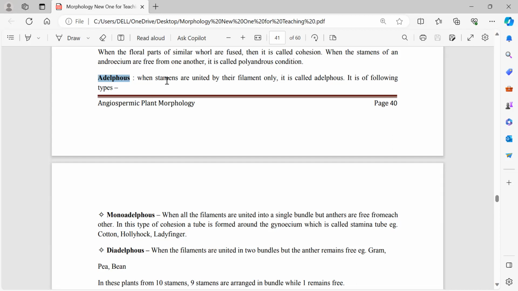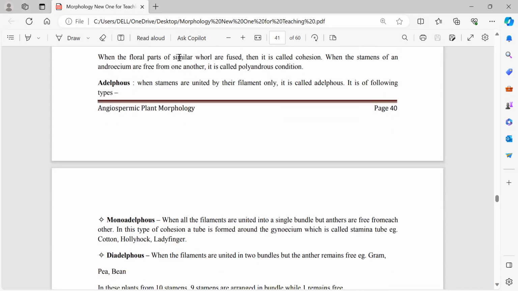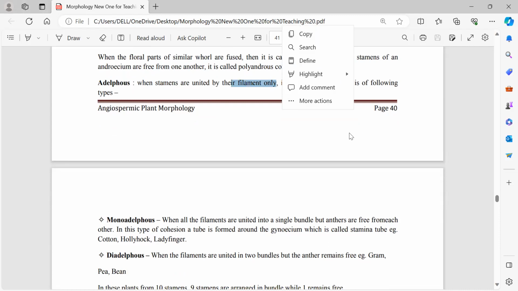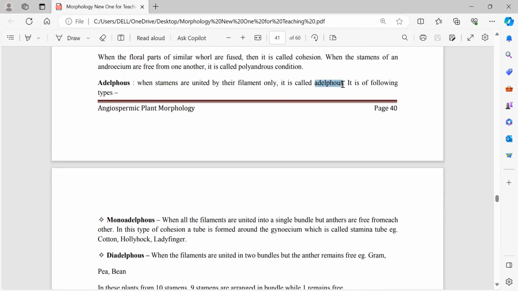Relation between brothers. चूंकि stamens are the male part of the flower, we can literally say that stamens are brothers among themselves. When stamens are united by their filaments only, जब stamens आपस में only joined through filaments, this condition is called adelphous condition. क्या कहते हैं इसको? Adelphous.